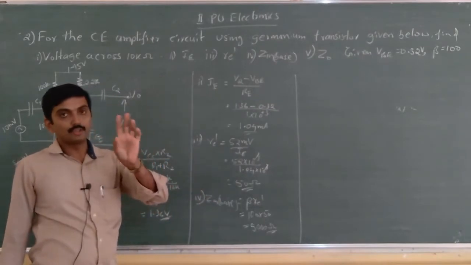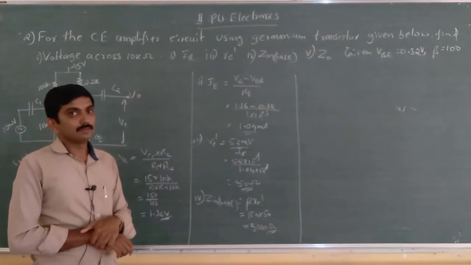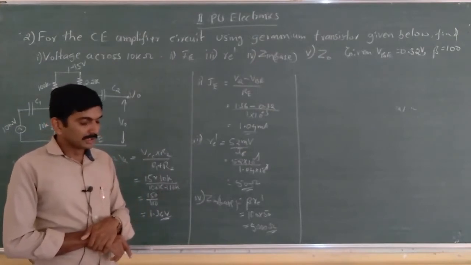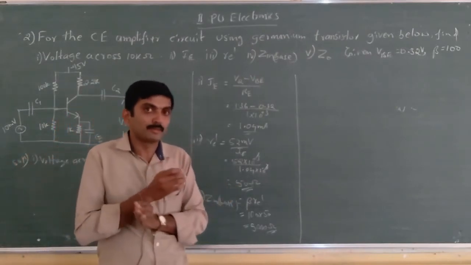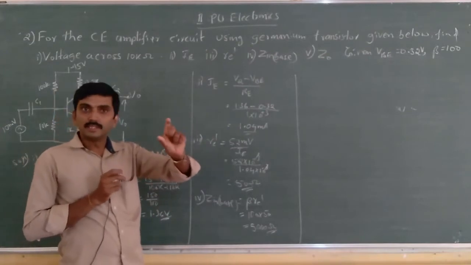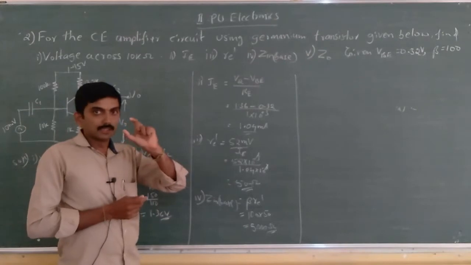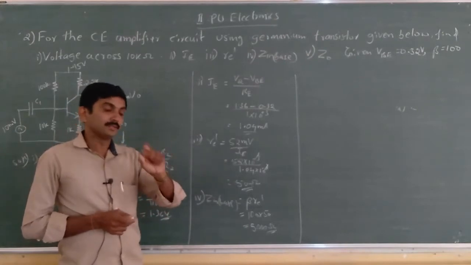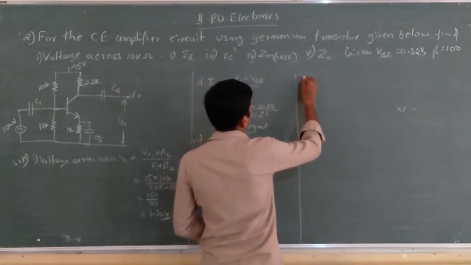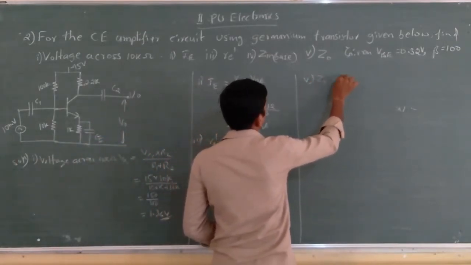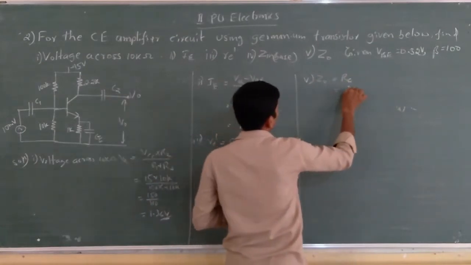See, there are two resistances in the input side of the RE model. So, first one is Z in base. It is the resistance looking into the base terminal, input terminal. So, only that resistor comes into the picture. That is the resistance at the base terminal, forward biased emitter base. That is 5 kilo ohm. Okay. Next, fifth one, Z naught equal to RC. So, that is equal to 2.2 kilo.